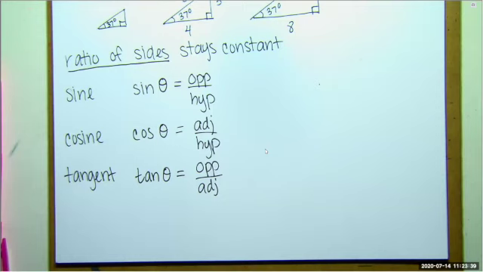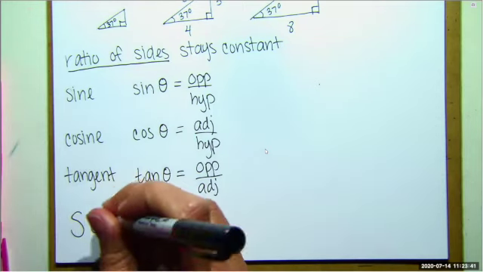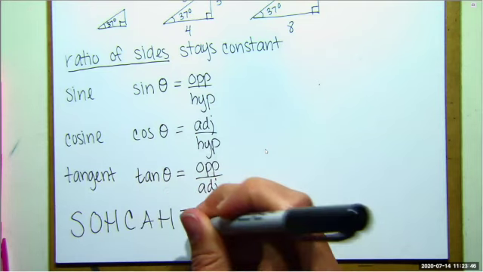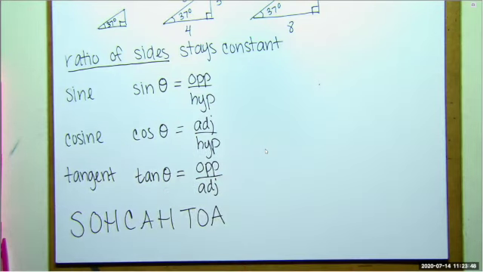So that's a lot to remember. So here is something that is really, really handy. If you can remember SOHCAHTOA, this tells us sine is opposite over hypotenuse, cosine is adjacent over hypotenuse, and tangent is opposite over adjacent. Okay, SOHCAHTOA.